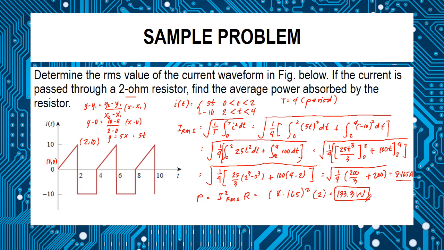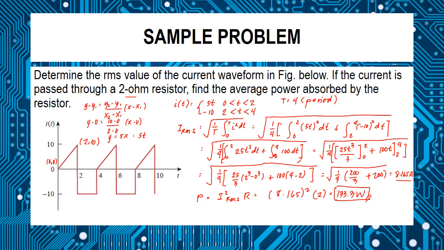How do you express it in a relationship? So for 0 up to this point, we can say this is 2, 10. So we can get the equation here. What I'm doing for this graph is I will use the 2-point form: y minus y1 is equal to y2 minus y1 over x2 minus x1 times x minus x1.